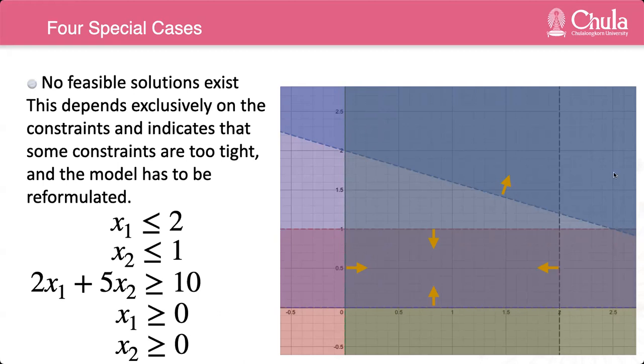Apparently, we don't have a feasible region here because the intersection of those constraints is an empty set. This is the first case: we don't have a feasible solution because we don't have a feasible region.